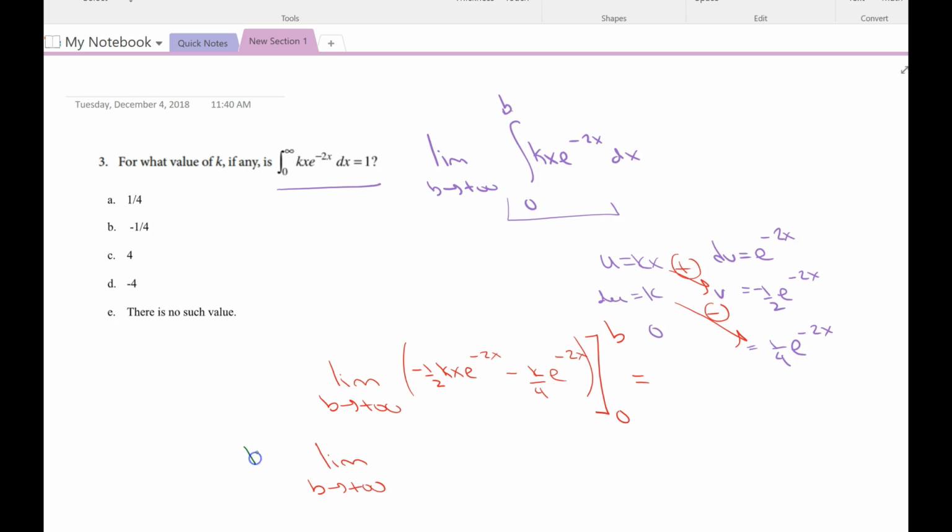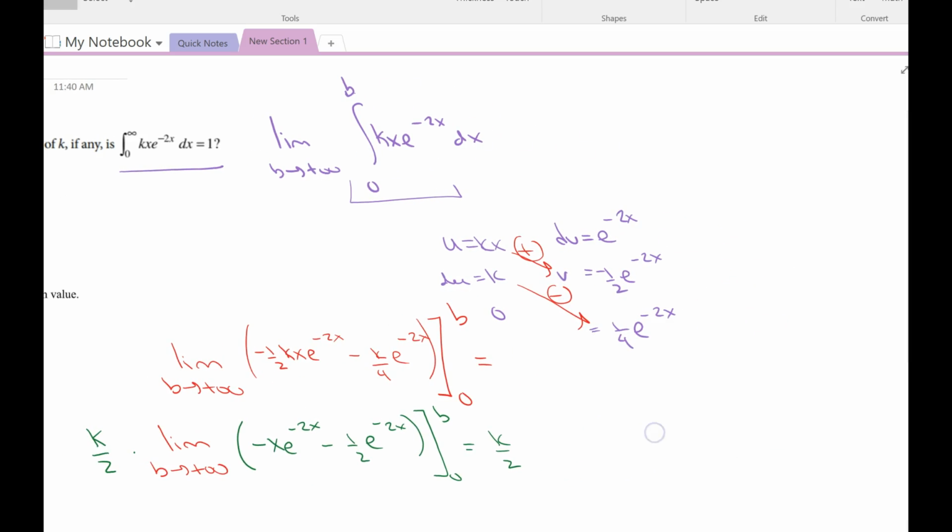I'm going to factor that constant k over 2 out because that's not going to affect my limit at all. So now I have the limit as b approaches positive infinity of negative x e to the negative 2x minus 1/2 e to the negative 2x, evaluated from 0 to b, and this is going to equal k over 2.